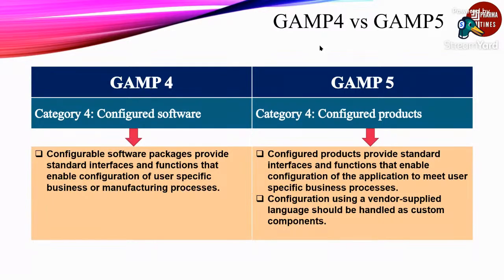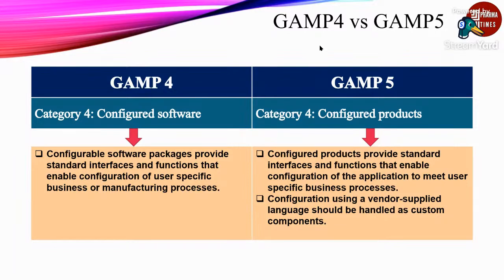So configurable software has some type of configuration which meets our requirement in our URS. So minor configurations are there, which will be developed by the developer to fulfill our requirement.